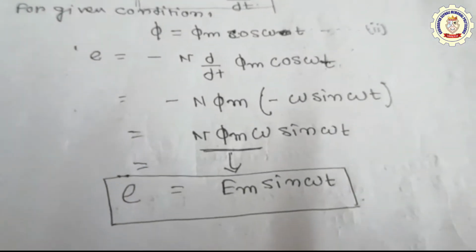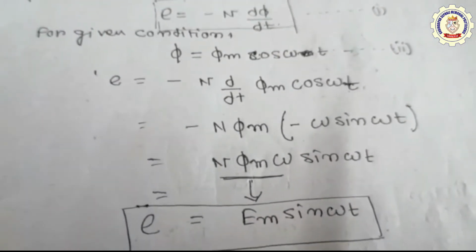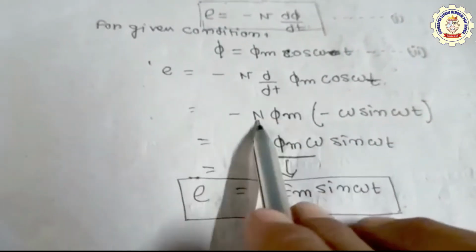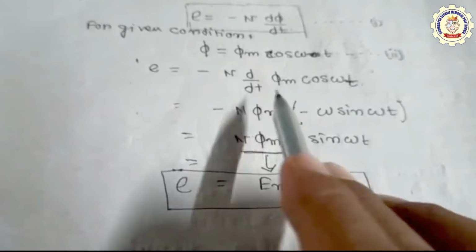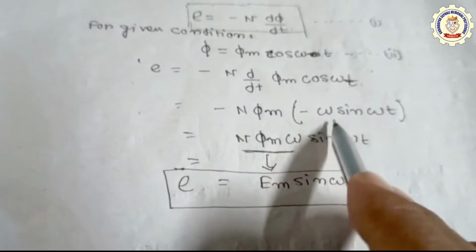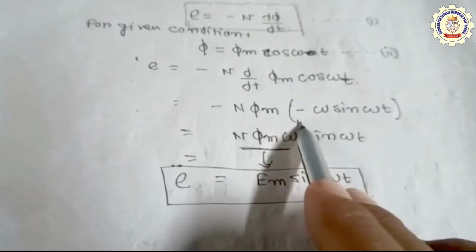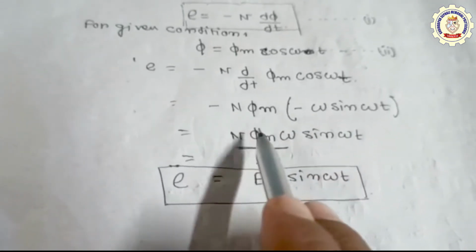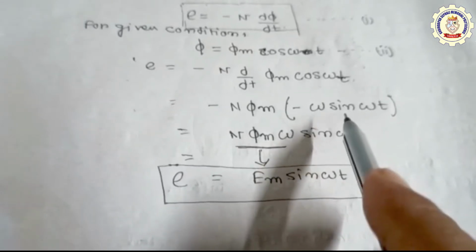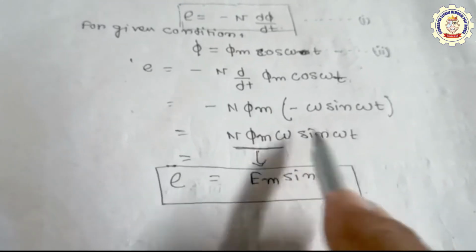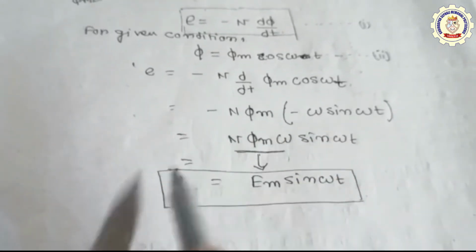Now if we differentiate, we have minus n phi m, and d by dt of cos omega t. It is the derivative of cos, so we get minus omega sin omega t. This is the simple differentiation method. Now we get n phi m omega sin omega t; this minus and this minus cancel.